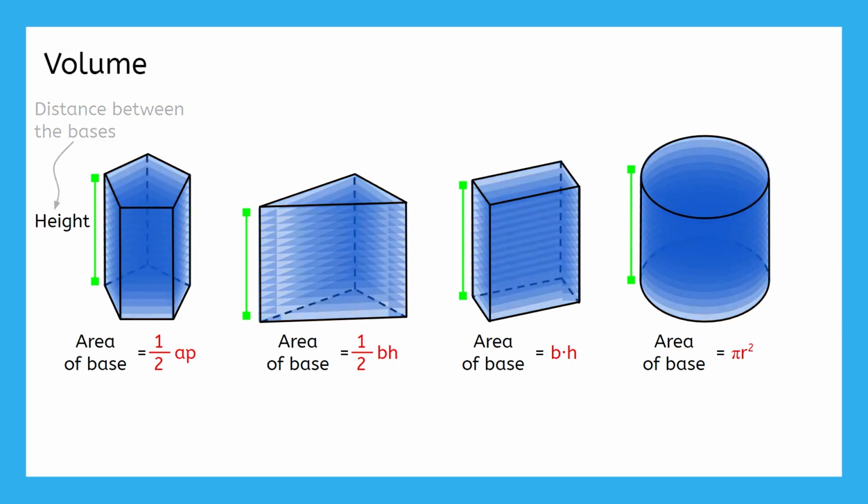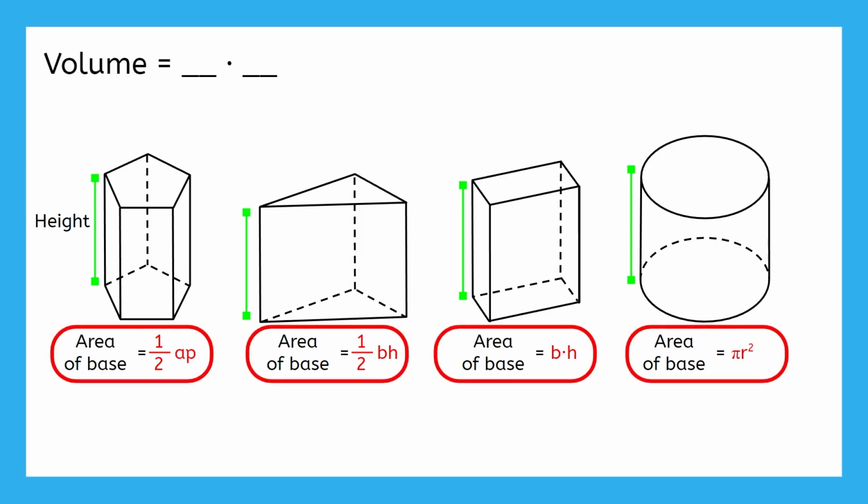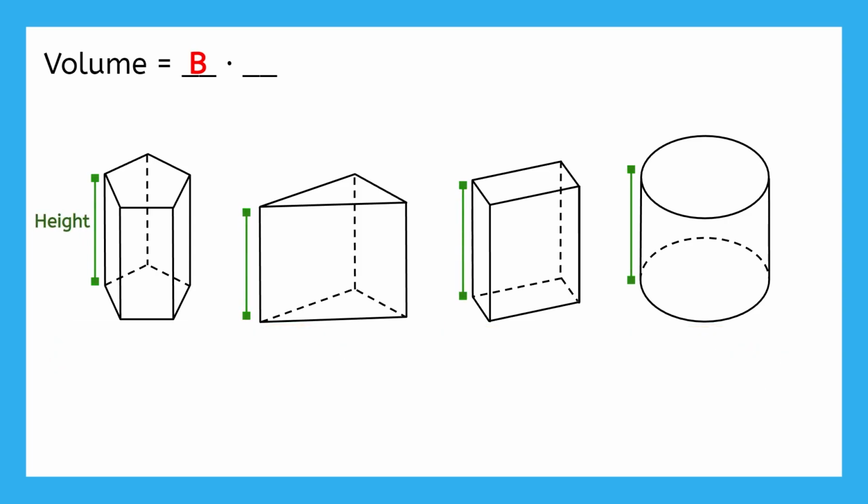So, have we figured out the formula for the volume of prisms and cylinders yet? That's right. It's the area of the base, which we'll call big B, or capital B, multiplied by the height of the prism or the cylinder, which we'll call big H, or capital H.